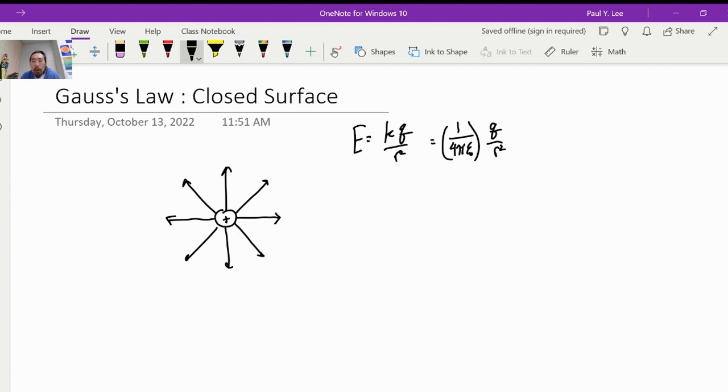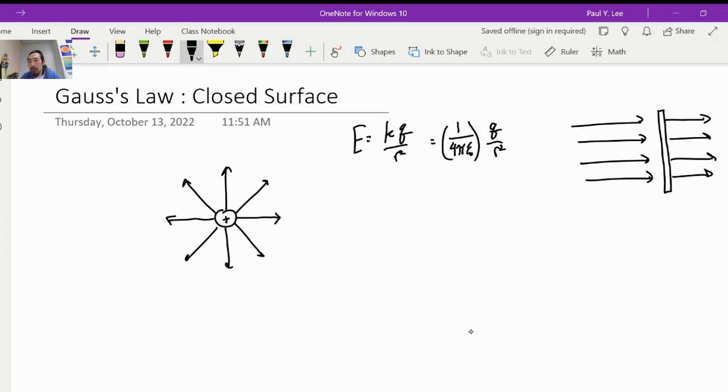In the previous scenario, all of our field lines were going in the same direction, so it was easy to capture all of these E fields. We would just place a window right here, and the E field lines go straight on through. Ta-da, 100% flux.